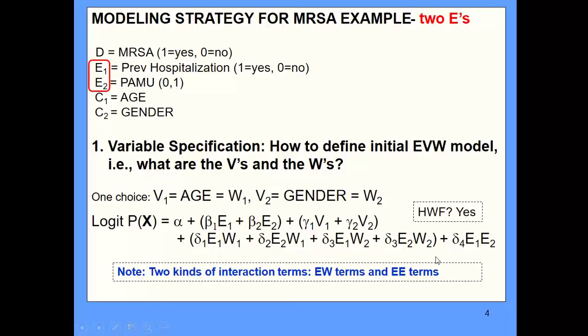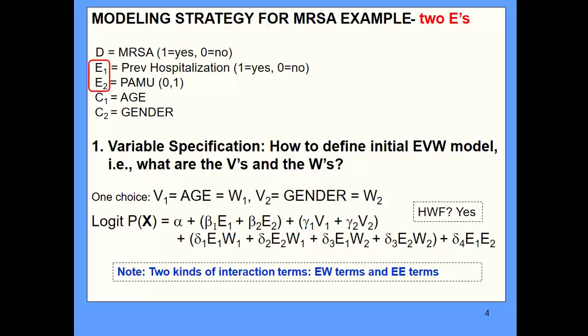Remember, if I had gender and age and a variable gender times age in the model, that wouldn't be an interaction term, because it doesn't involve any of the E's. Gender times age is a V term, a product of two V's. But these are all different product terms. So there are two kinds of interaction terms.